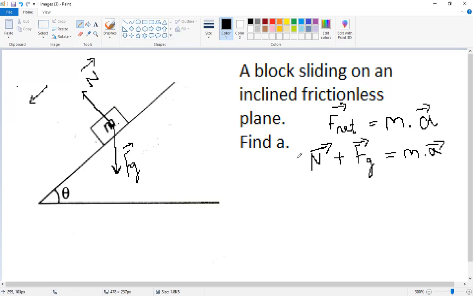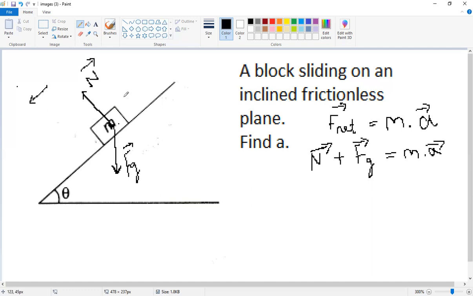We should remove the vectors, and instead of the vectors, we should write down the components of each force. To do this, we have to choose a coordinate system.